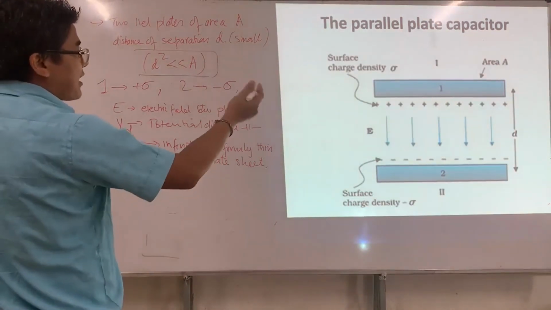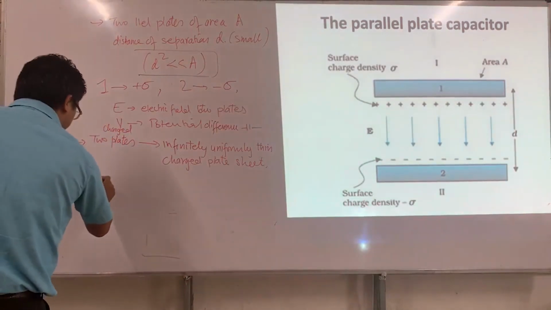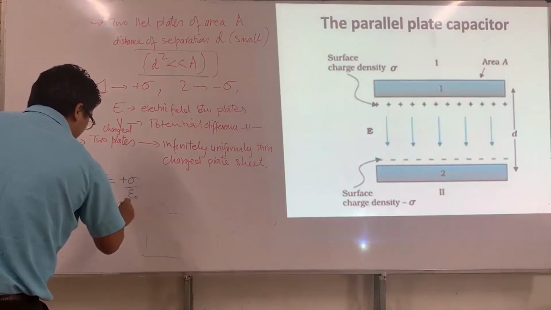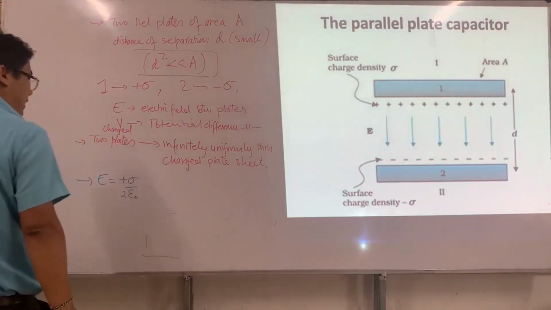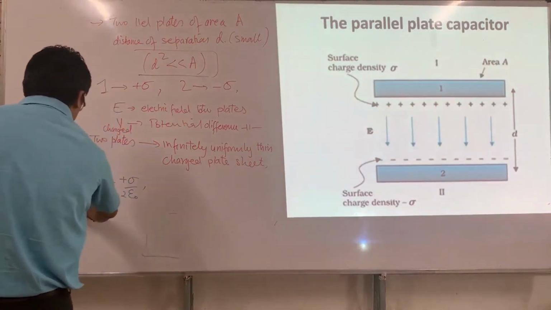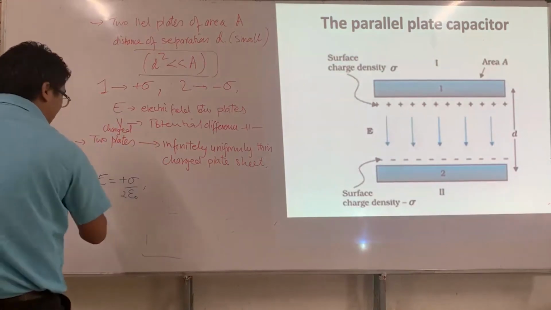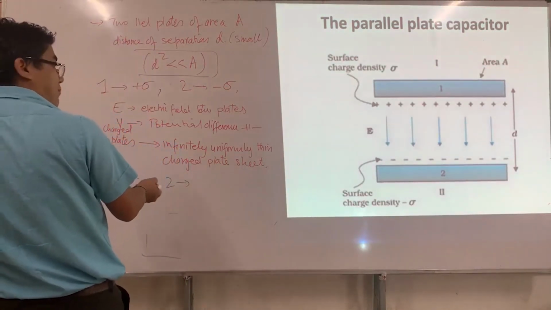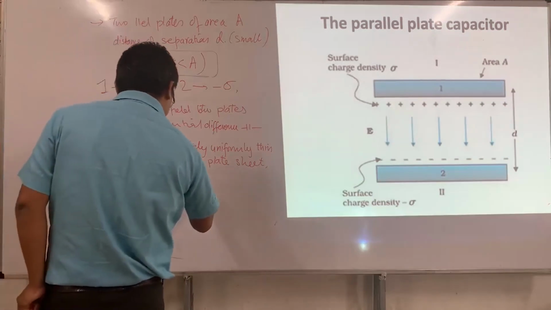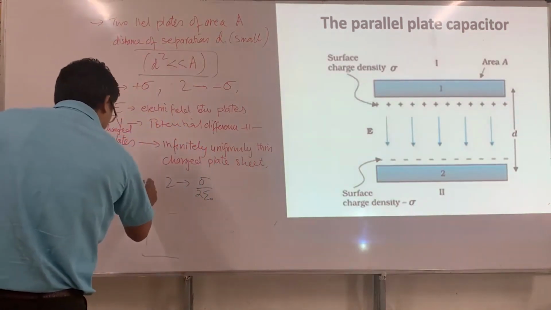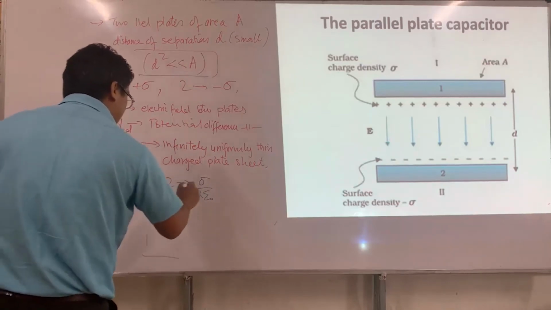Alright, this is the electric field created by plate number 1, and the electric field created by plate number 2 is going to be, alright, this is minus.